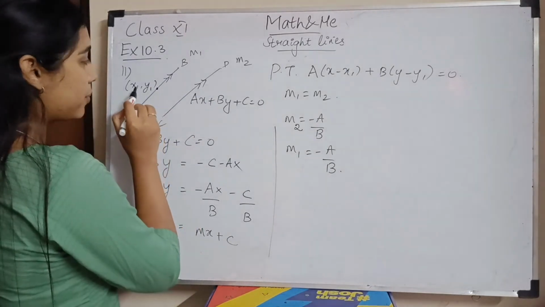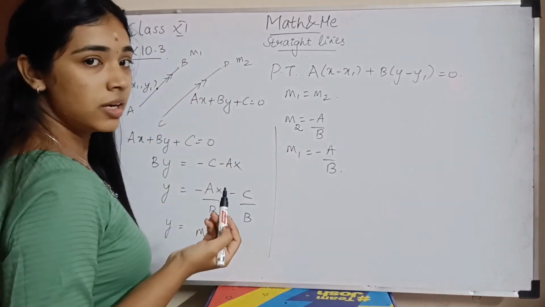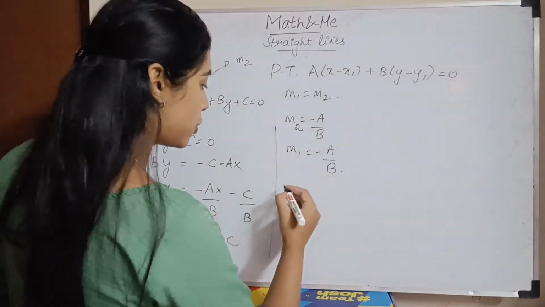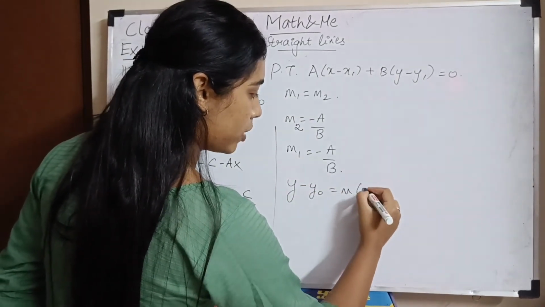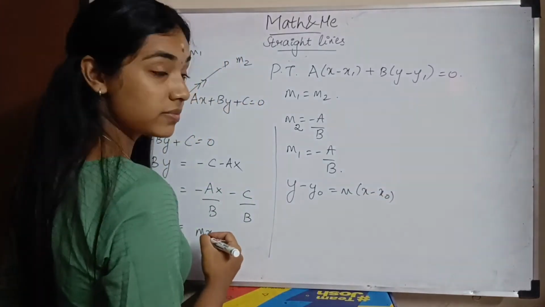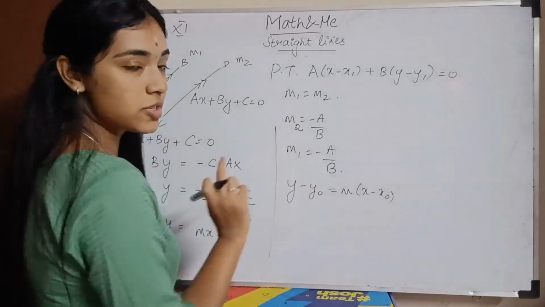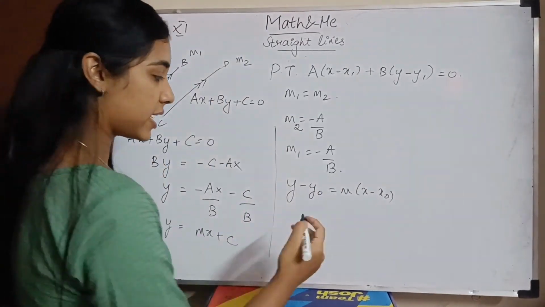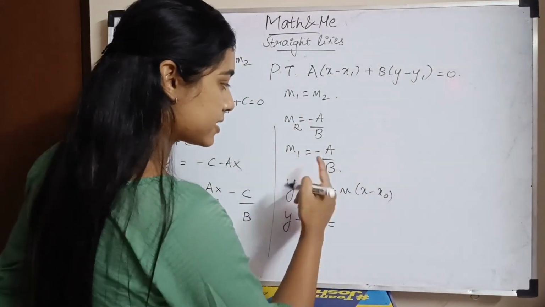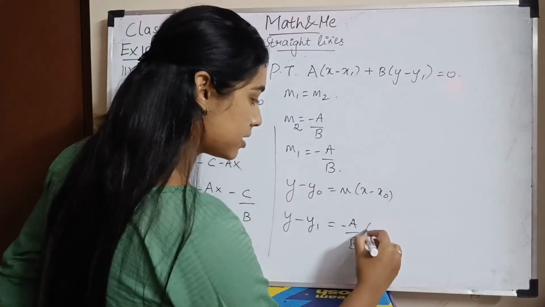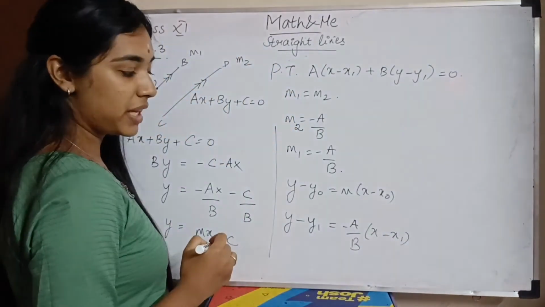Now that you have a point and a slope, you can find the equation of this line using the point-slope form. What is the form for that? y minus y naught equals m of x minus x naught, where (x naught, y naught) is the point it passes through and m is the slope that we just found. So it is y minus y1 equals m times x minus x1. Let me rearrange this.